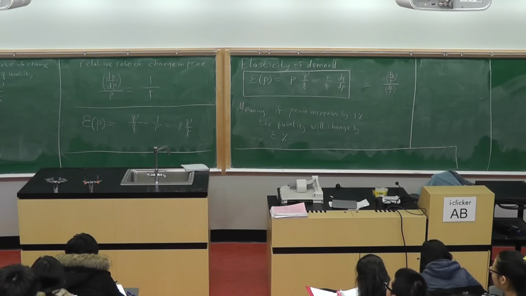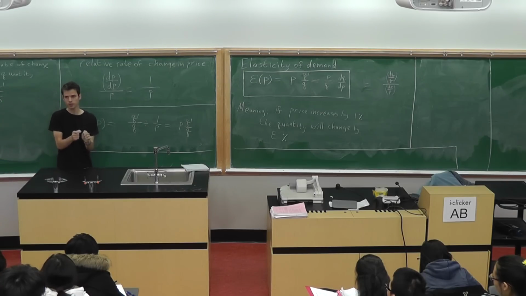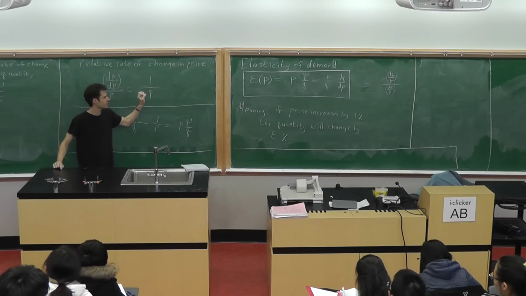So this thing is the relative rate of change in quantity. It's about if you increase the price by a small amount, say $1, and I'm thinking about a price which is larger than $1, a large price. Think about it, $10,000. So $1 is a small amount relative to the price itself. If I increase the price by $1, how much will the quantity change in relative terms, in percentage terms? This thing is about the similar thing, but about the price.